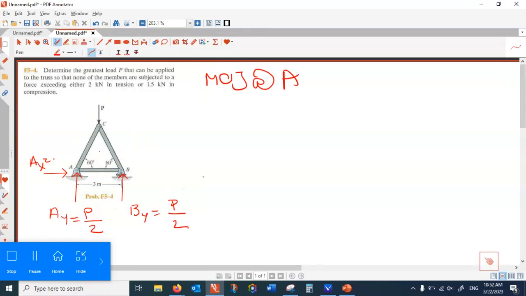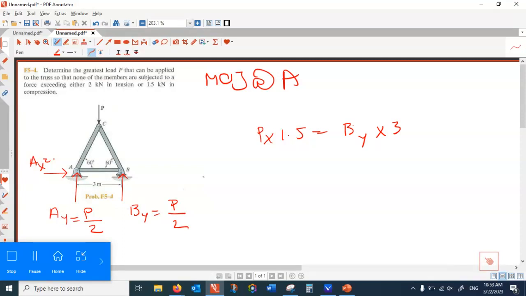And then let's take rotational condition about A. If you take rotational condition about A, P times 1.5 is equal to By times 3.